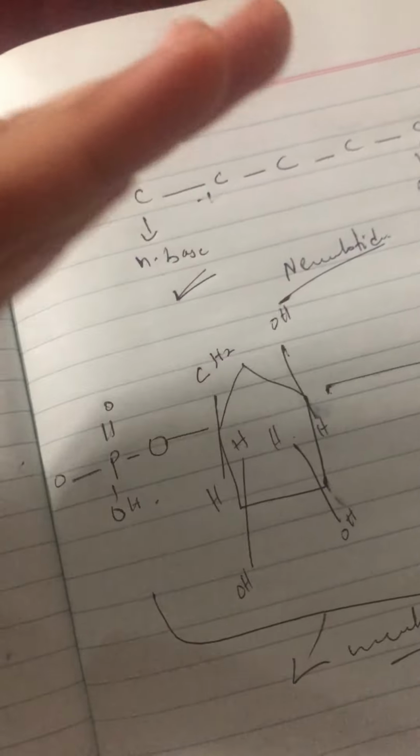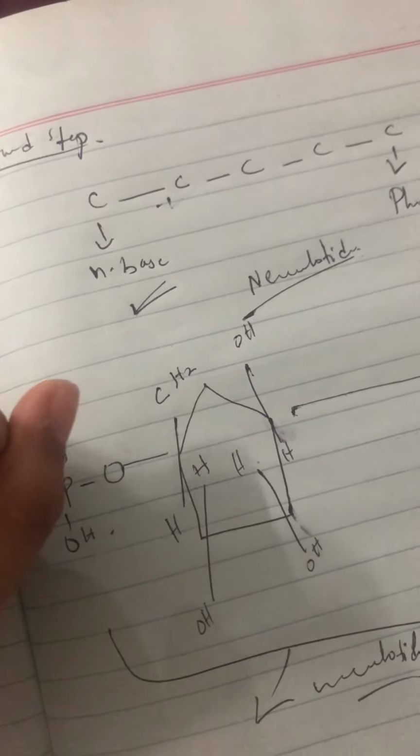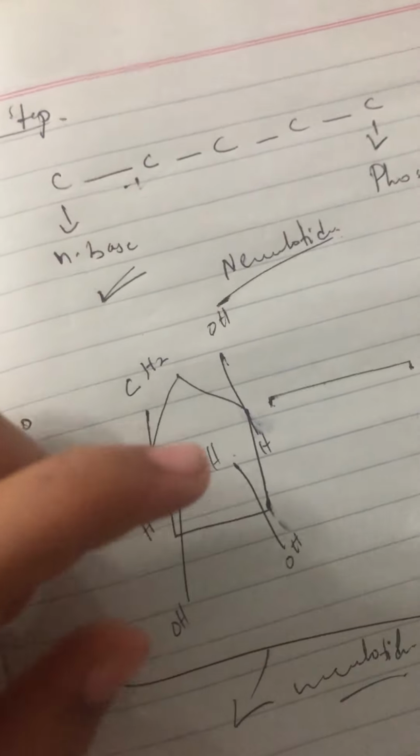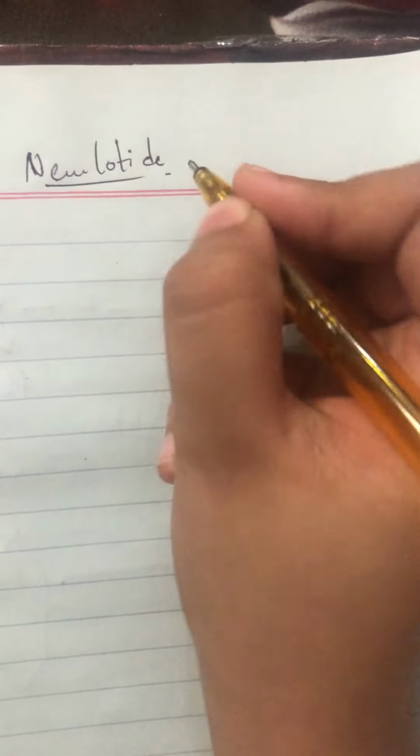Now many nucleotides attach by the help of the phosphodiester bond. They will make the DNA, right? After that, we have three types of nucleotide.